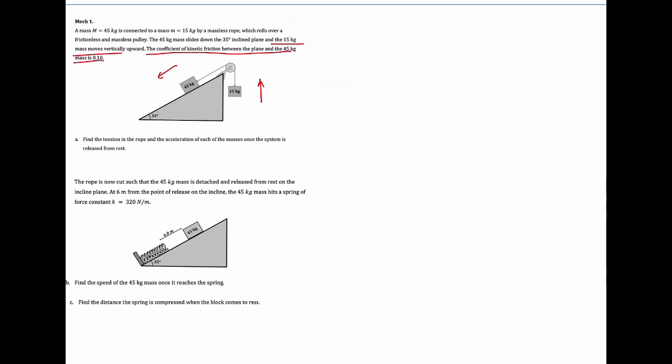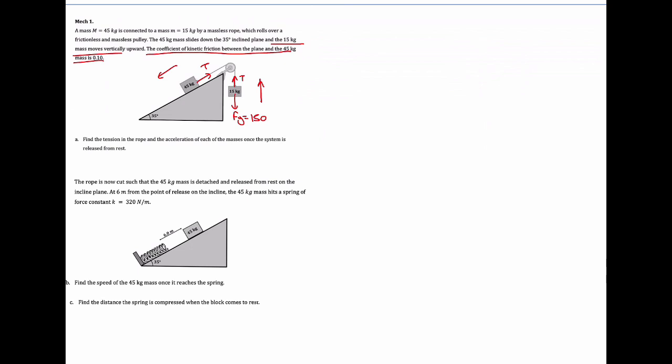Now, before we find the tension, we need to do a dynamic analysis of the situation. So we have mass times g acting on the 15 kilogram object. For simplicity, I will consider g equal to 10. And there is a tension upwards and a tension on the inclined plane, a tension on the rope on the other side.